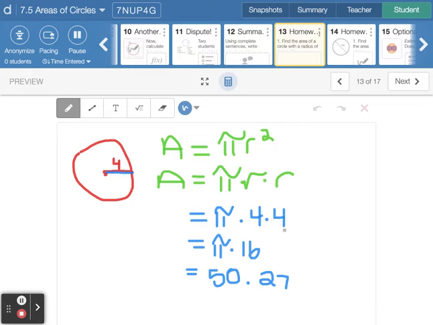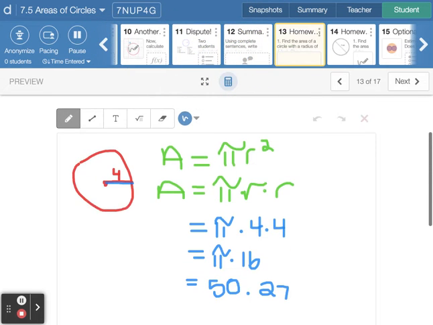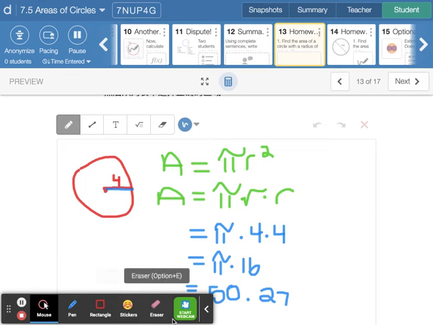So if I want to be precise, I have to leave it in terms of pi. So my second answer would be 16 times pi square feet. All right, so we have two answers, 16 pi and 50.27 units squared. I'm going to clear this and go on to the next question.